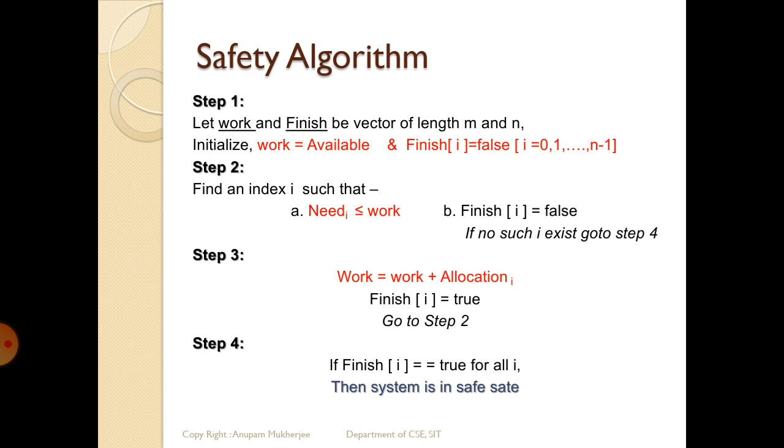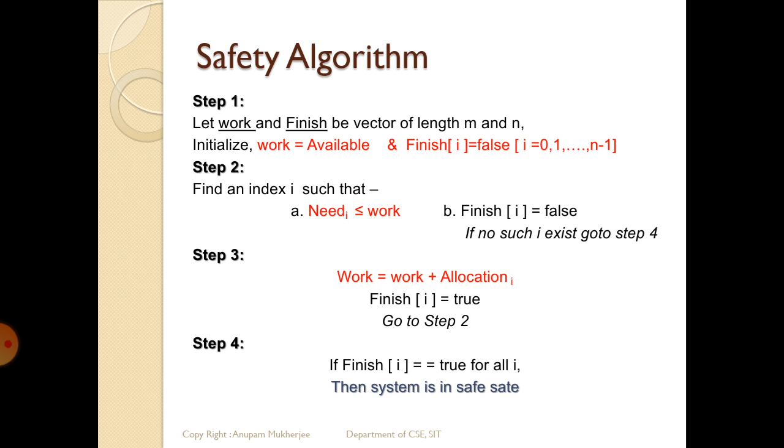The system availability is stored in work, and initially finish will be in false state. Here i stands for the index of a process, like process P0, P1, P2 up to Pn minus 1.